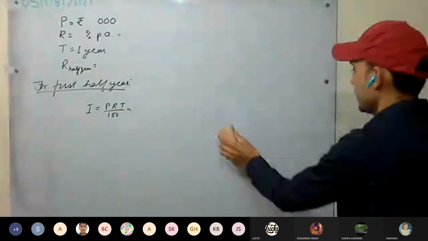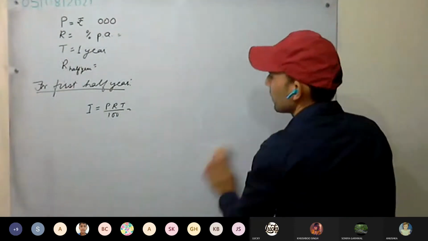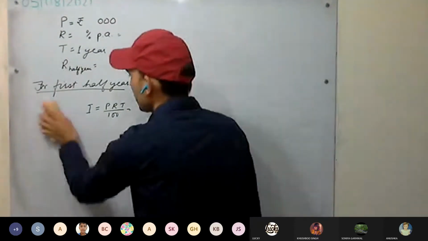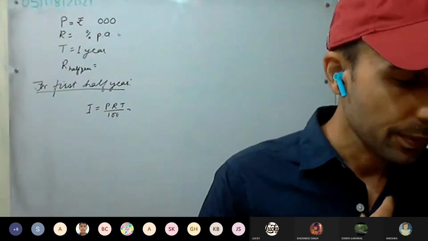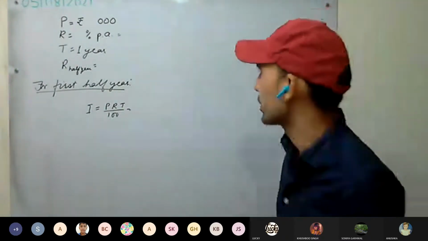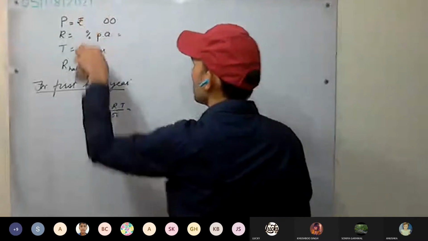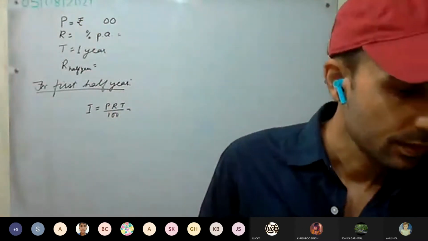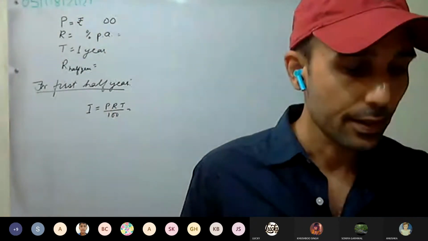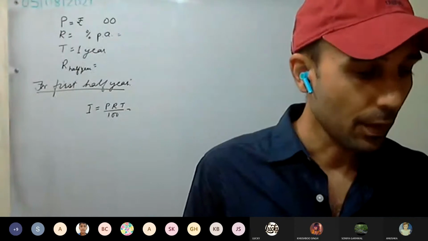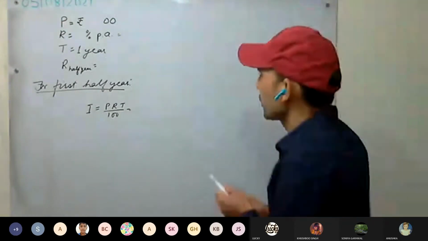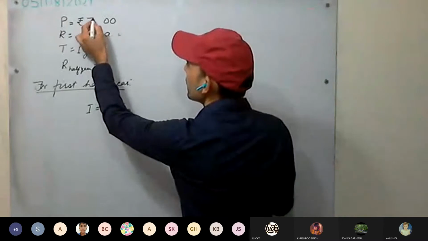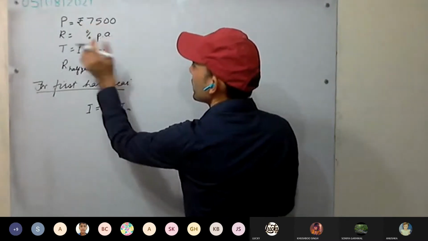Read the question properly and start doing the next one. The 13th question: find the compound interest on rupees 7,500 for 1 year at 8% per annum, compounded half yearly. Also find the amount. So we have 7,500.